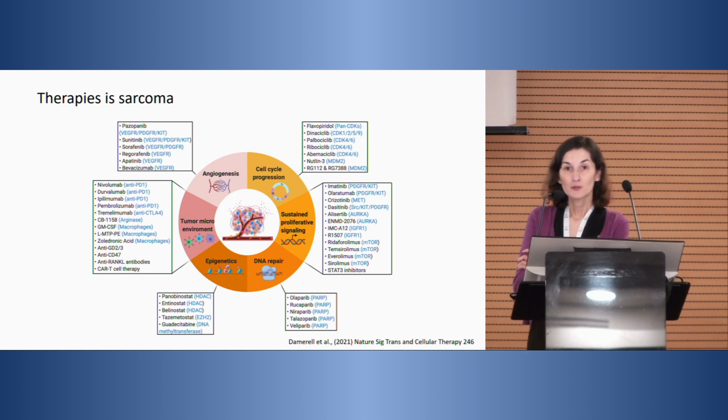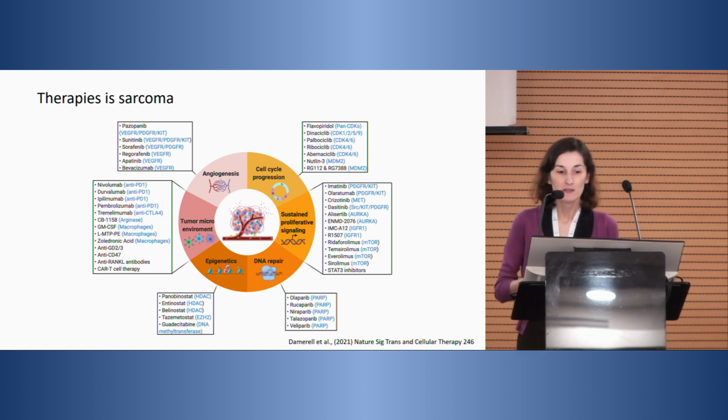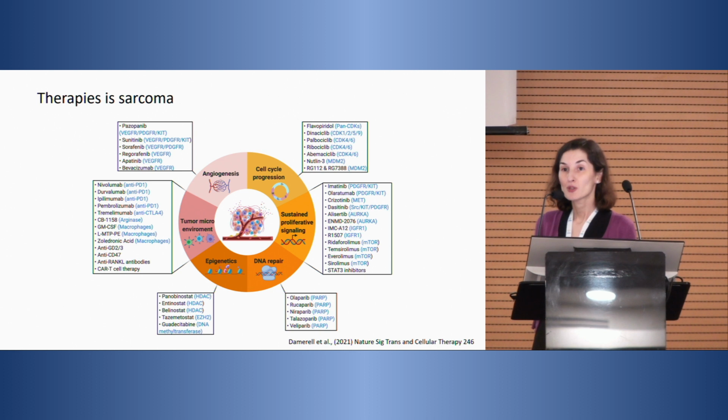We have drugs that target angiogenesis, meaning blood vessel formation, that supply blood to the tumor and make it more aggressive. We have treatments that target cell cycle progression, meaning division of the cells, which happens in an excessive way when you have a cancer, epigenetic pathways, which regulate gene expression, and also the tumor microenvironment, so the immune cells.